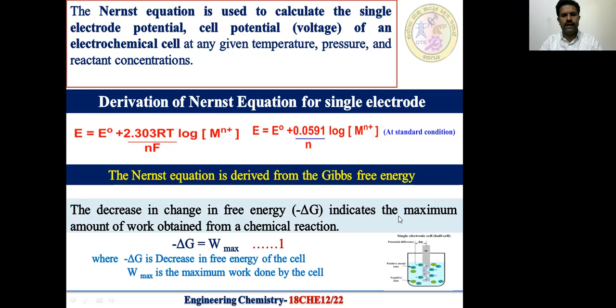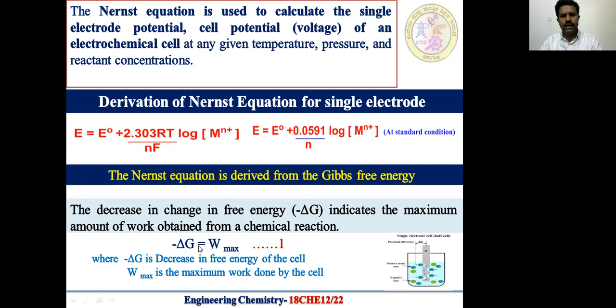According to thermodynamics, the decrease in free energy indicates the maximum amount of work obtained from a chemical reaction. So if the energy decreases, that energy is converted into work. That means the work is nothing but the production of the cell potential.